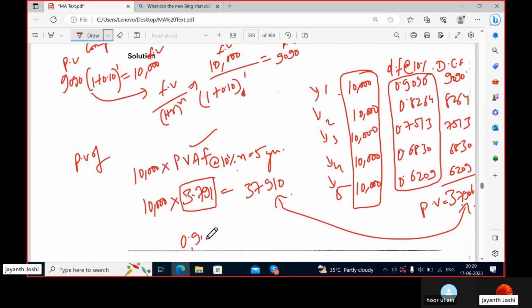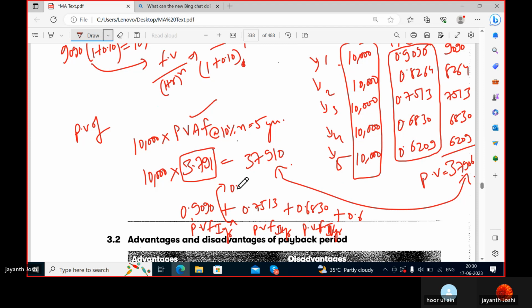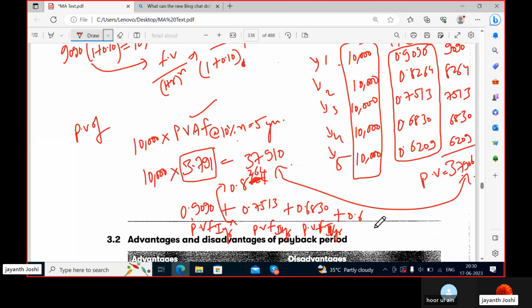That means 0.9090, the present value factor of the first year, plus 0.8264, the present value factor of the second year, plus 0.7513, the present value factor of the third year, plus 0.6830 for the fourth year, plus 0.6209. If you add up all this, you see what you're going to get.